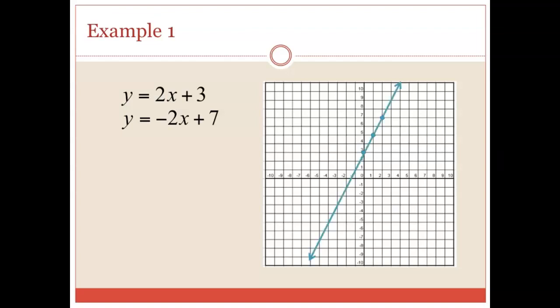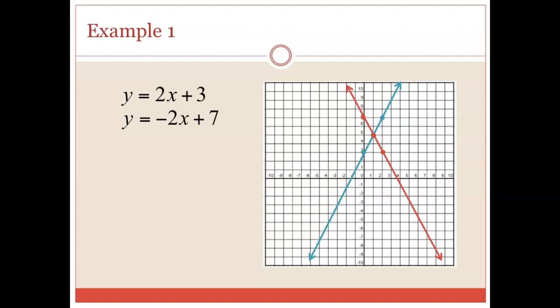Now you may find it helpful to graph multiple points, as it can make it easier to find the solution. Next we have y equals negative 2x plus 7. I'm going to find 7 on the y-axis. This has a slope of negative 2, so I'm going to go down 2 and to the right 1.